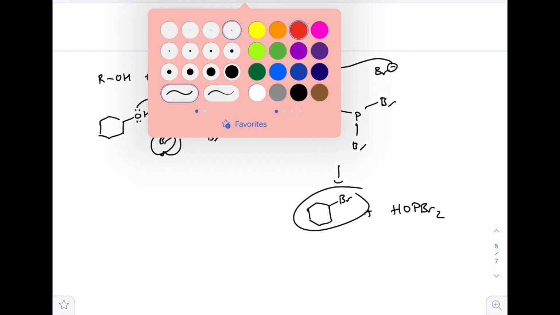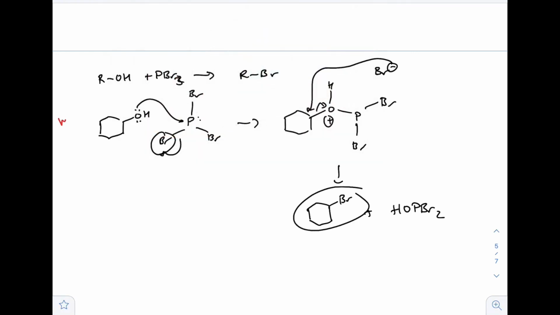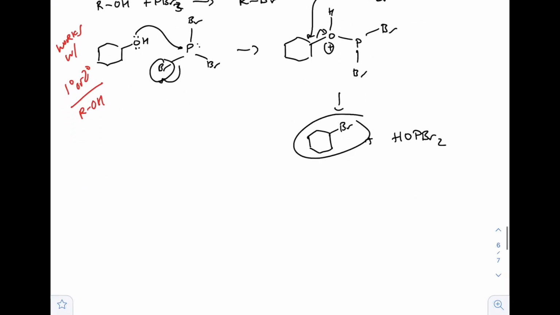One thing to help you remember this, hopefully, is phosphorus and oxygen have a strong affinity for one another, so you always want to form a phosphorus-oxygen bond if you can. You'll see this again later with something called a Wittig reaction, but again, this works well with primary or secondary alcohols, okay?